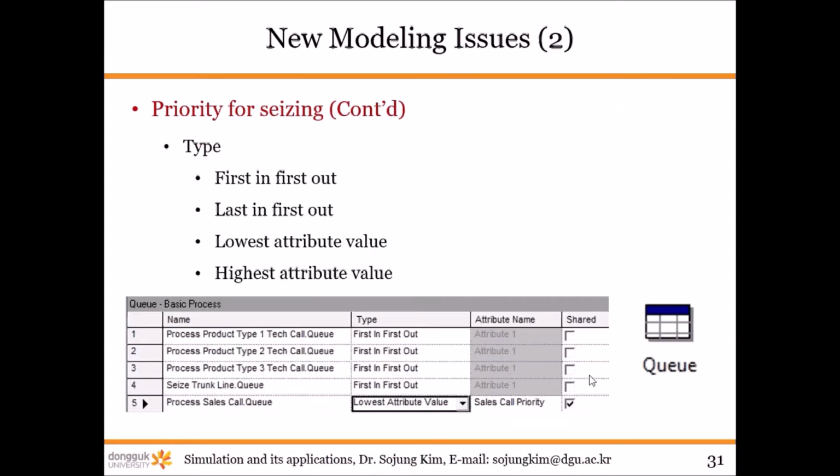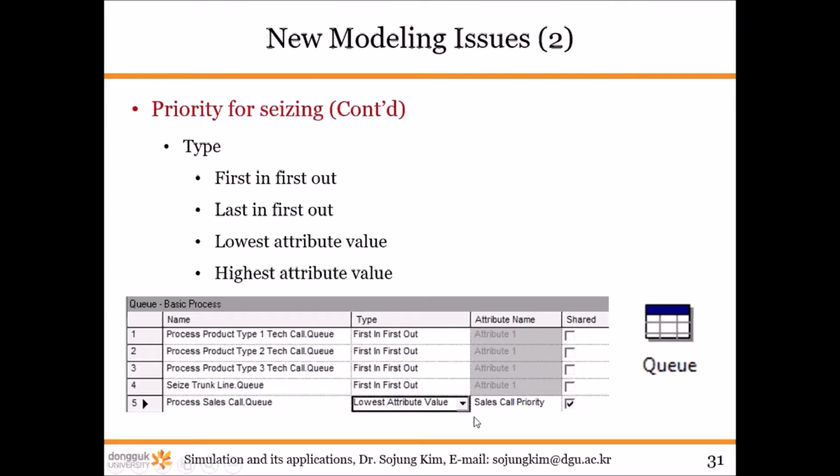All right, so in order to use different priorities, you need to go to the Queue data module and then change each type. The queue type in here is the discipline, basically the lowest attribute value. So for sales calls, you can create a priority attribute known as sales call priority.